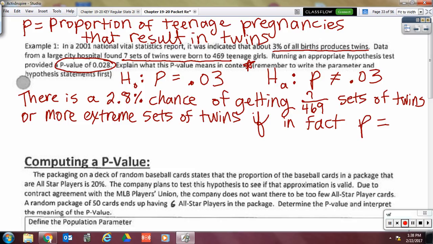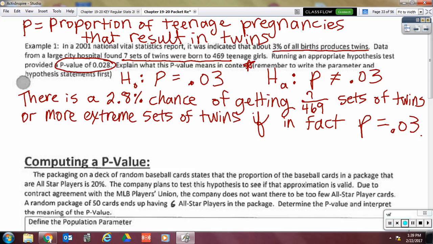I'll let you just write out the symbols there. If, in fact, p equals 0.03, because you've put a lot of other context in there. That's it. So this is a start. This is the beginning of a process.